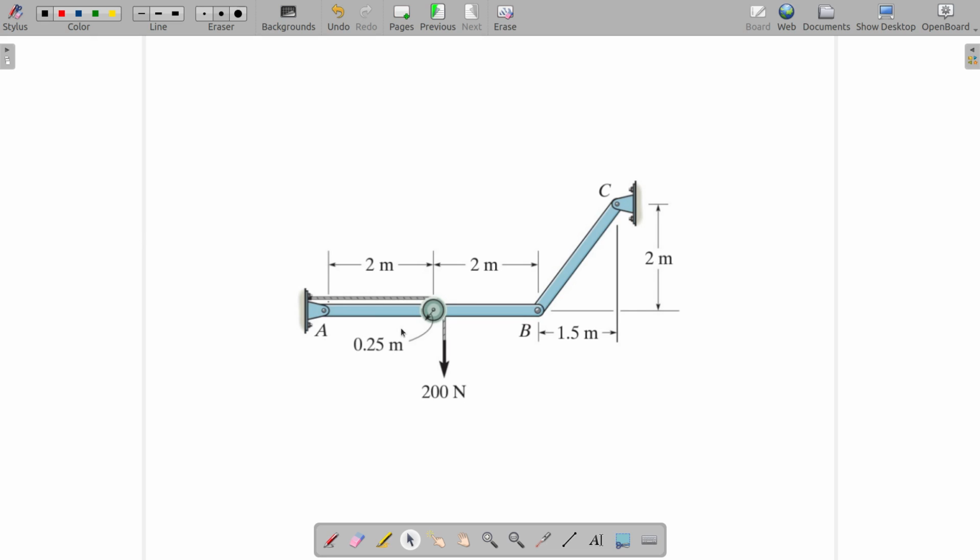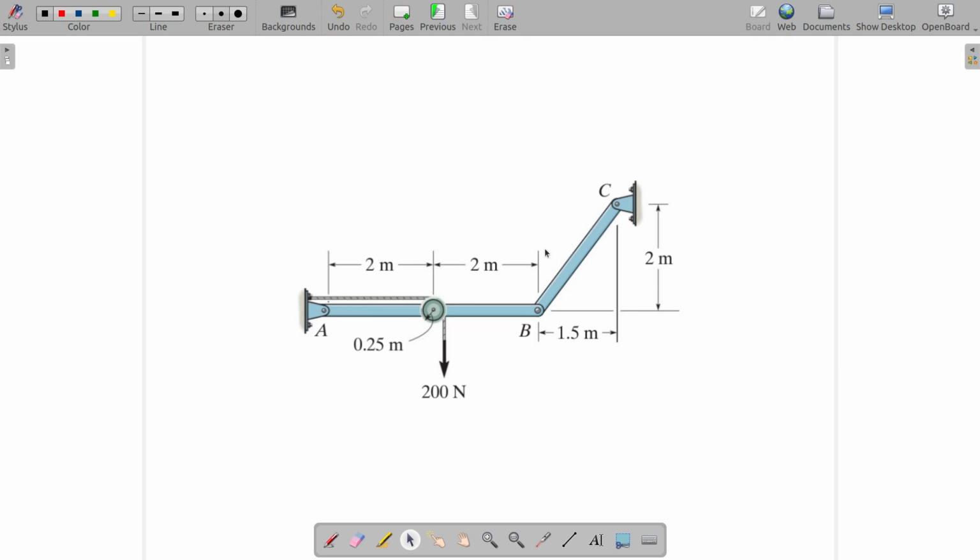You have two linear members AB and BC, and this is a pin joint here, and a pin joint here. Member BC seems to be a simple member because there is no force on the member other than at the joints.